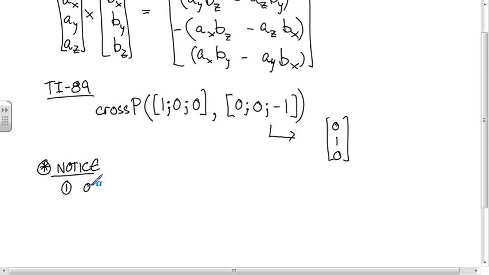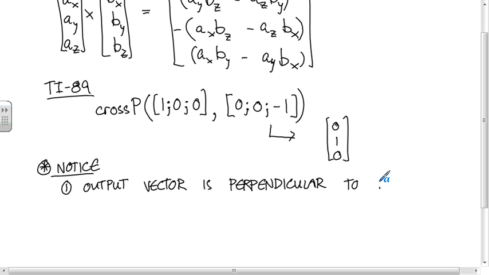First, the output vector is perpendicular to both input vectors. Now, how many vectors are there that are perpendicular to 2? So say you have 2 random vectors.